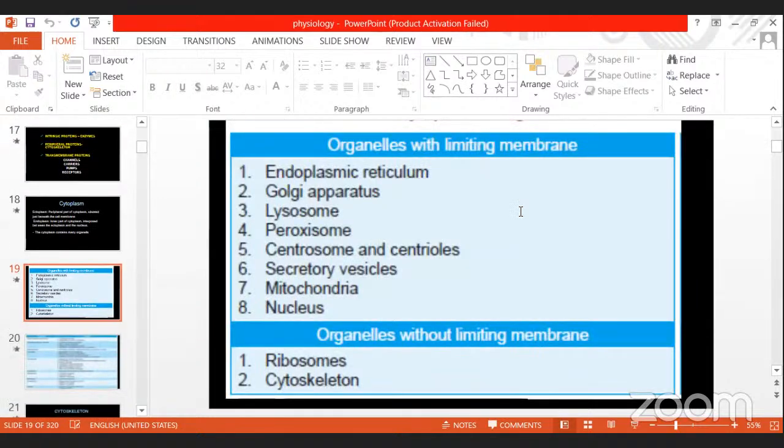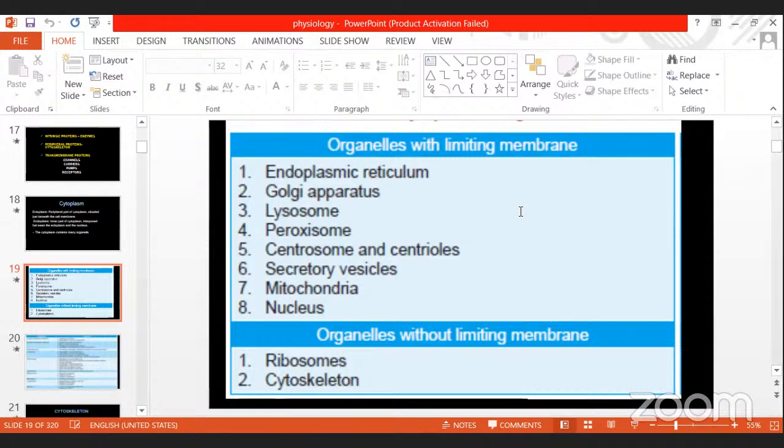Some organelles are bound with a limiting membrane, and some organelles do not have a limiting membrane. So we can divide the organelles into two types: organelles with limiting membrane and organelles without limiting membrane. The organelles with a limiting membrane are endoplasmic reticulum, Golgi apparatus, lysosome, peroxisome, centrosome and centrioles, secretory vesicles, mitochondria and nucleus.